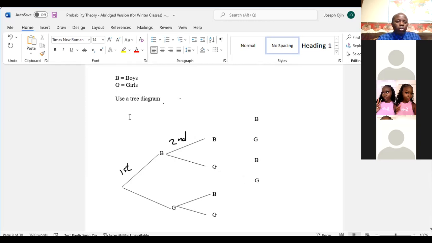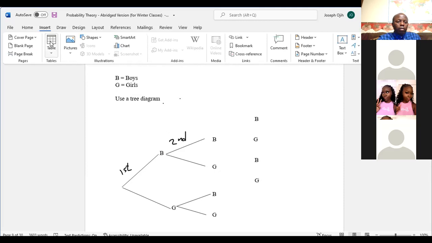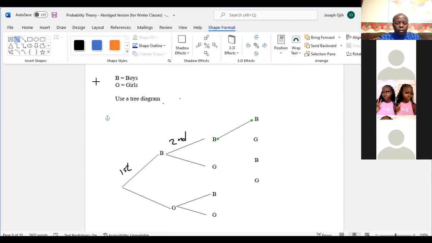We use this to connect the line for this part. So we have boy or girl.